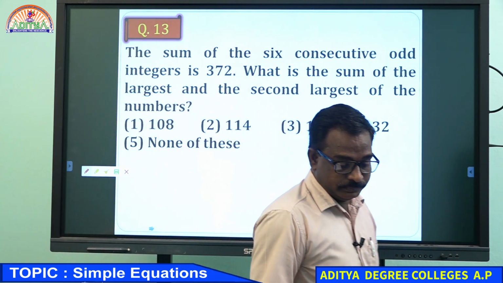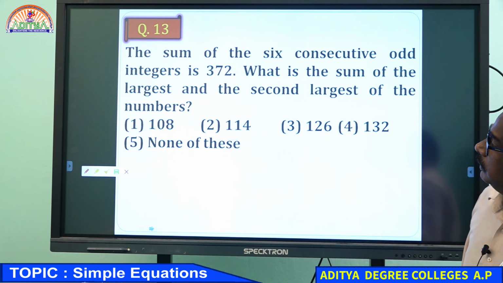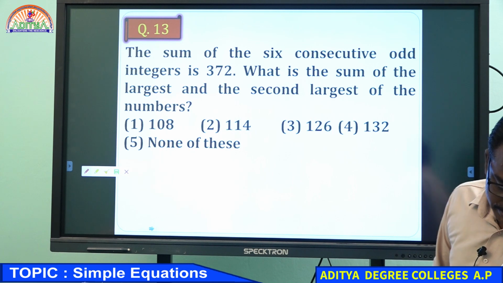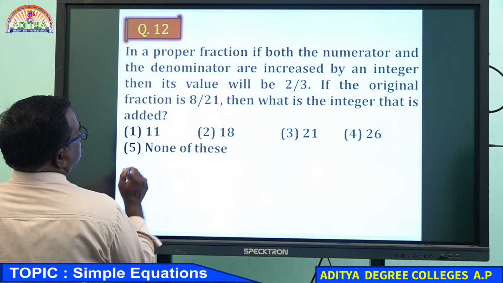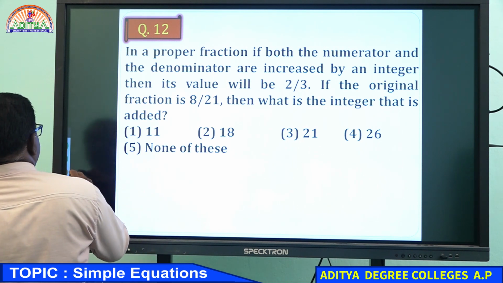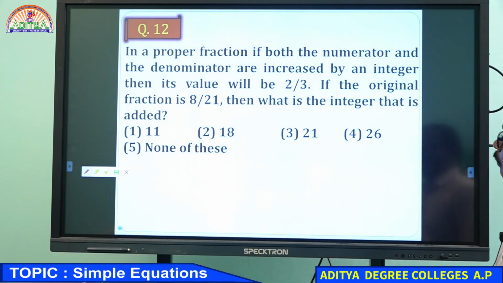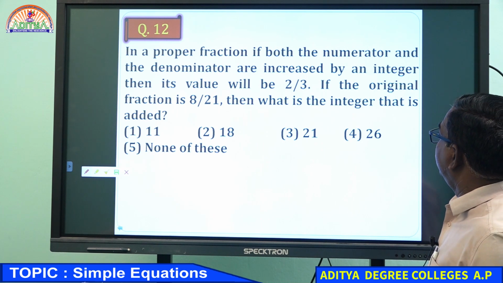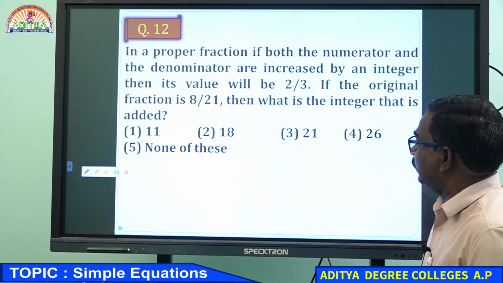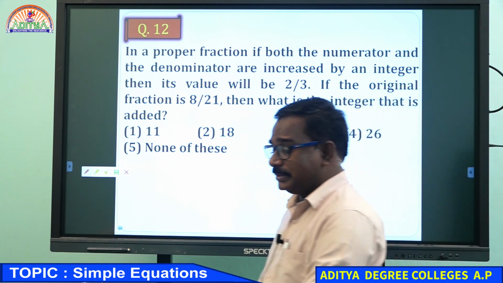In a proper fraction, both numerator and denominator are increased by an integer, then its value is 2 by 3. If the original fraction is 8 by 21, what is the integer that is added? Just try, you can discuss in seconds.